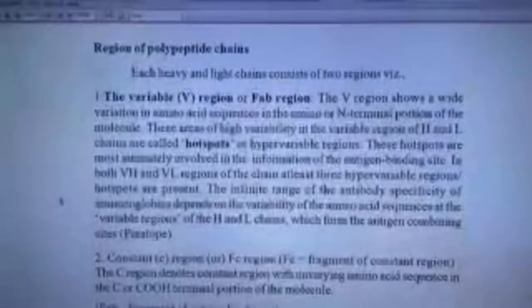The light chains are similar in all classes of immunoglobulins. They occur in two varieties, kappa and lambda. A molecule of immunoglobulin may have either kappa or lambda chains, but never both. Regions of polypeptide chains. Each heavy and light chain consists of two regions.